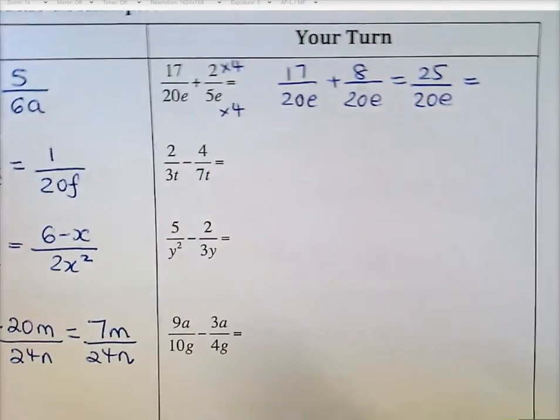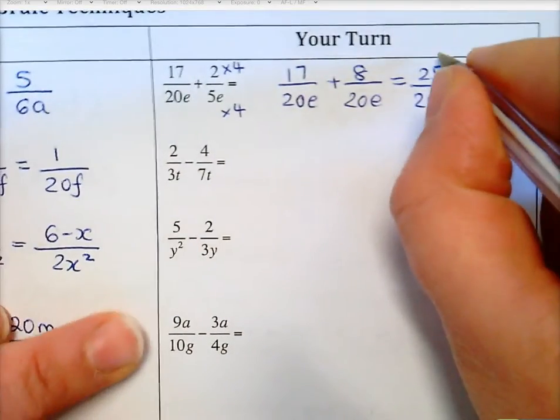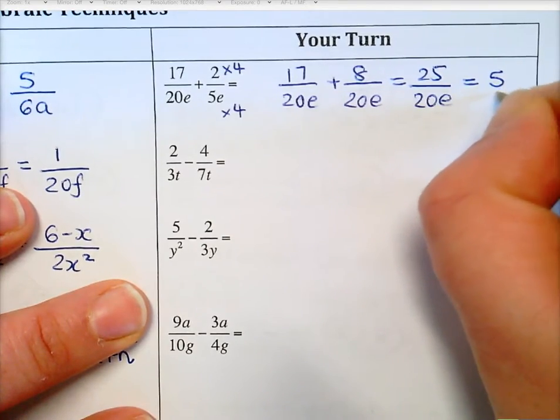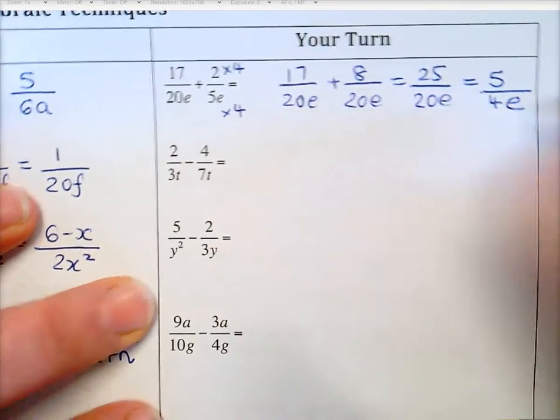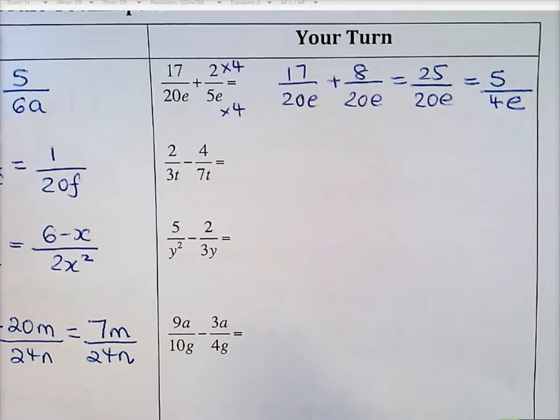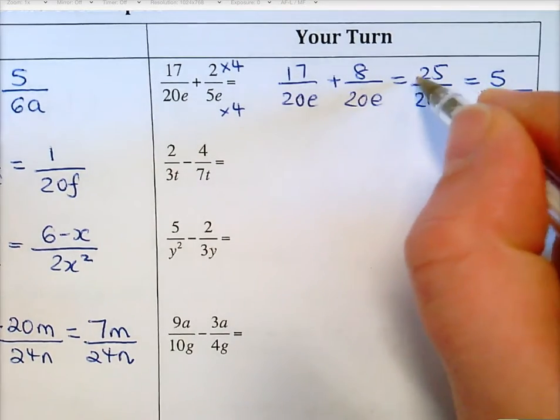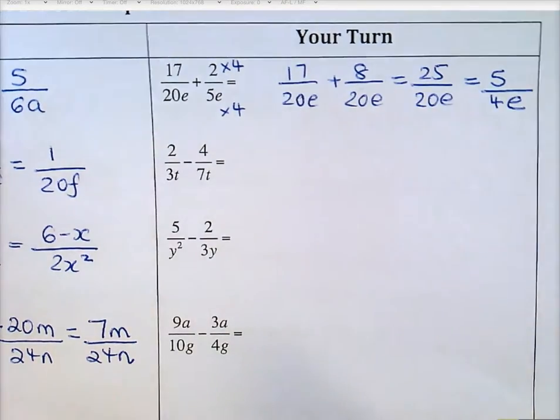Now we can simplify 25 over 20 because 5 goes into 25 and 20, so we get 5 over 4e. And just leave it written like that. The e is on the denominator. Do not try and write mixed numerals and things like that. You'll get into a very big mess there. So just leave it as 5 over 4e because 25 over 20, you're dividing them both by 5.